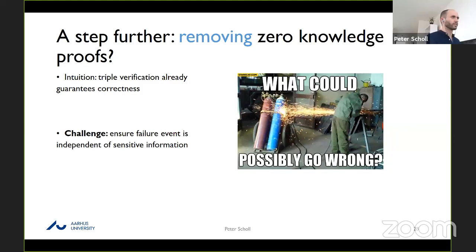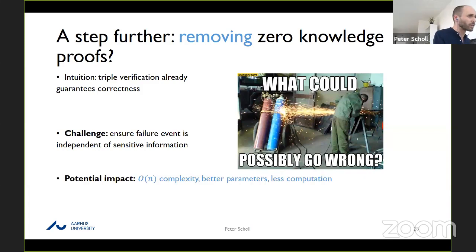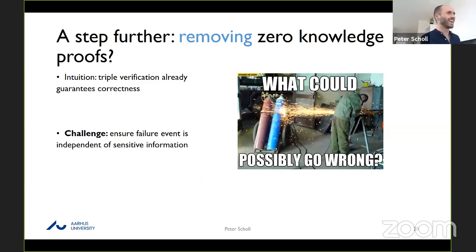The main challenge is to ensure that in this verification step, whether the correctness check passes or fails has to be independent of any sensitive information, like the secret key or the underlying messages.